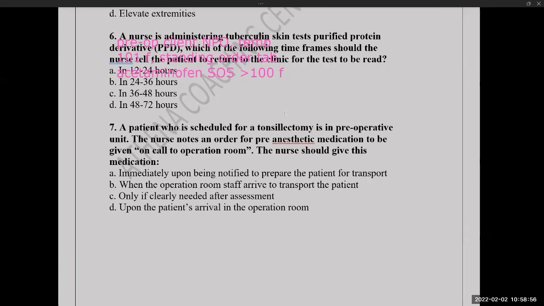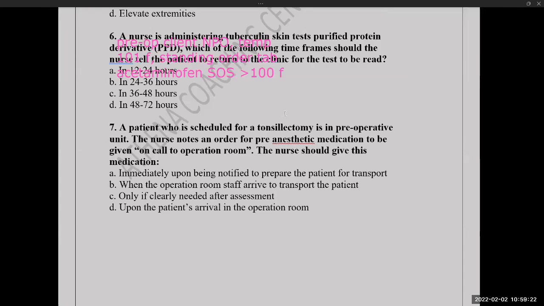A client is in pre-operative unit where the patient is posted for surgery. Okay, and currently the patient is NPO. And before surgery or one day before surgery, you have to periodically monitor vital signs. You have monitored vital signs and it is noted as 101 degree Fahrenheit.